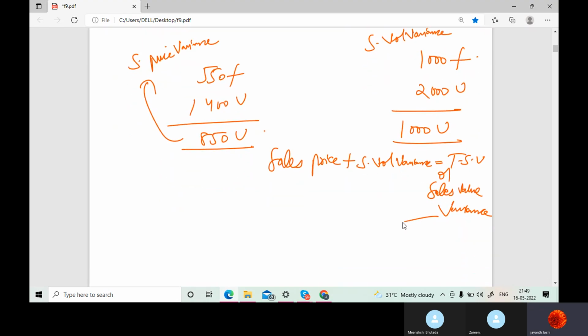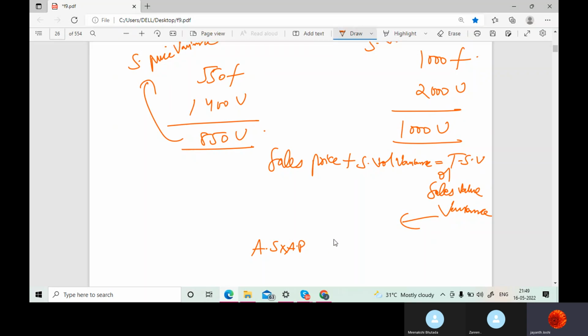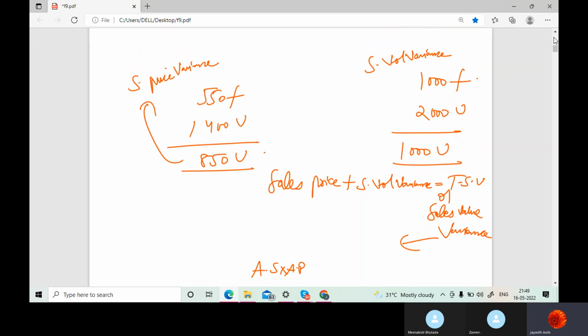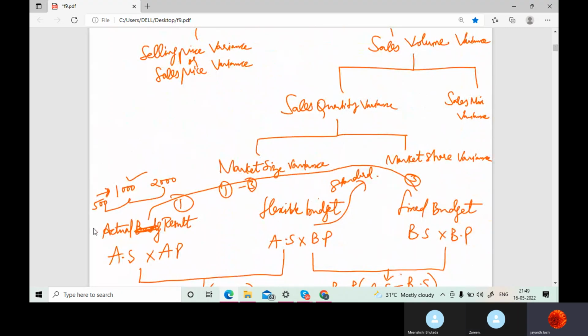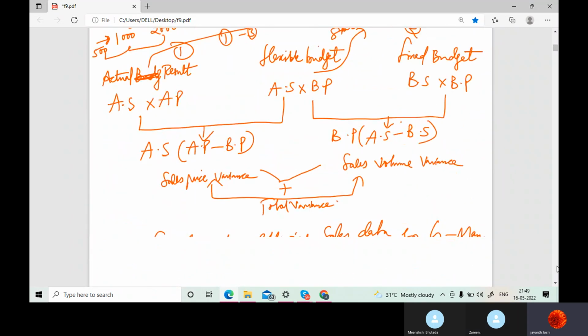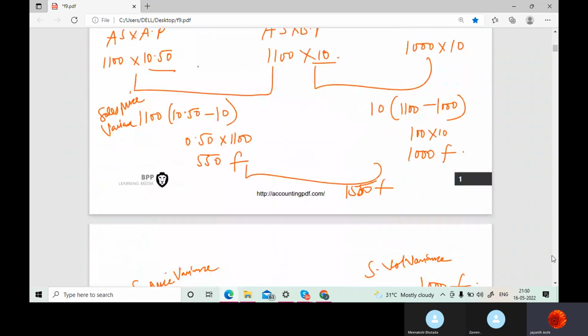Sales value variance can also be written as actual sales into actual price minus budgeted sales into budgeted price.